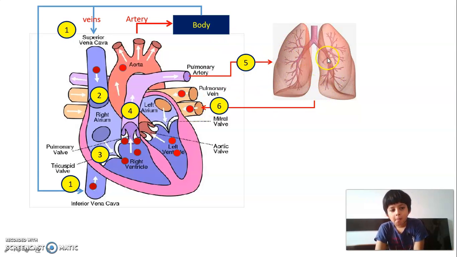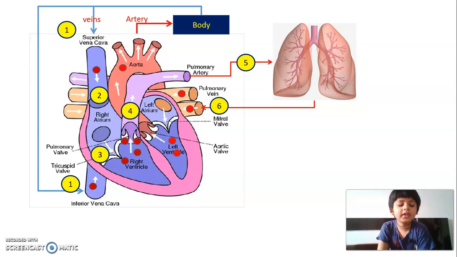Lungs are the source of oxygen. Whenever we breathe, the oxygen goes into the lungs. That oxygen will be mixed with this unclean blood, which needs oxygen. It will mix, and then the clean, oxygenated blood will enter the pulmonary veins.